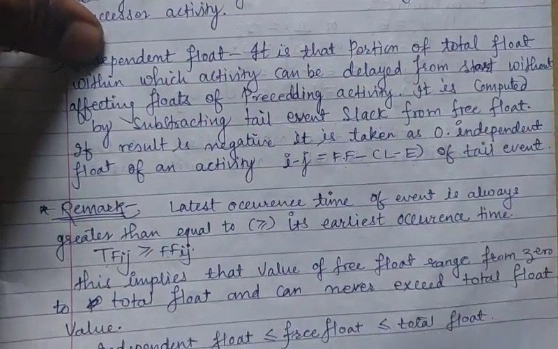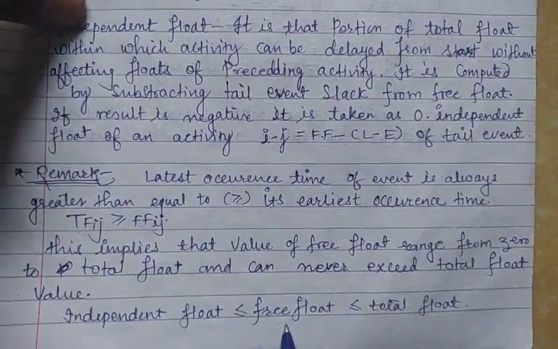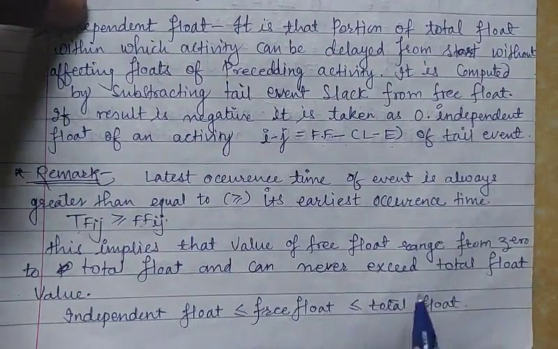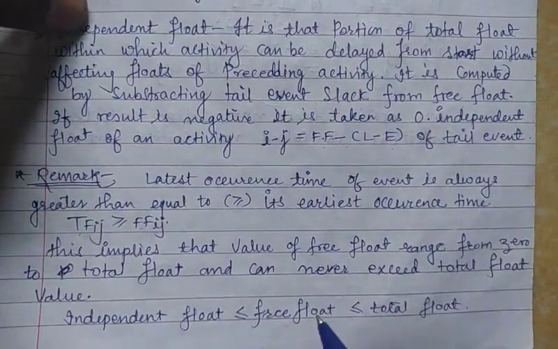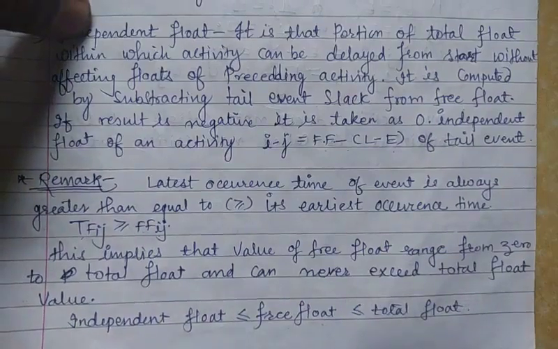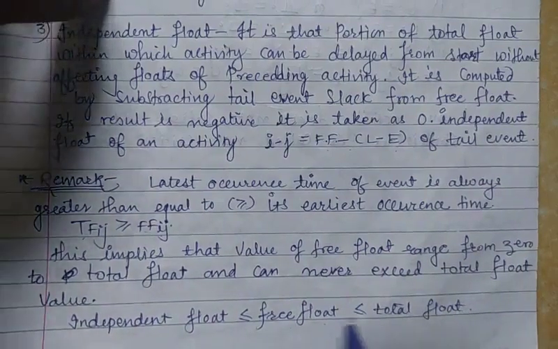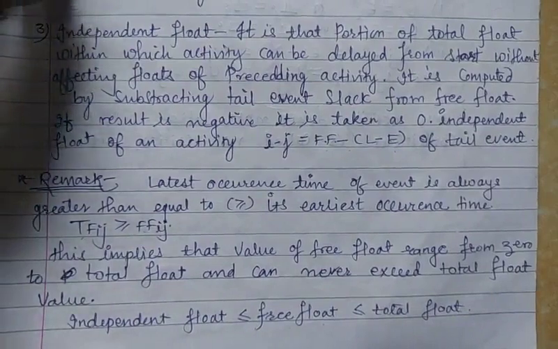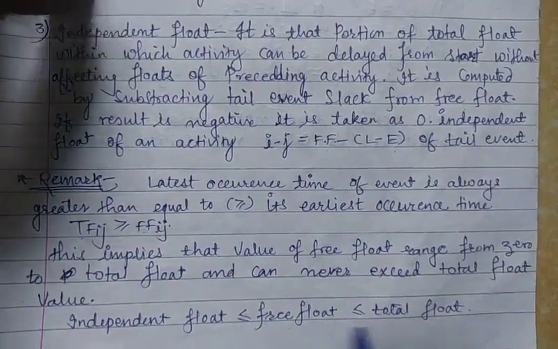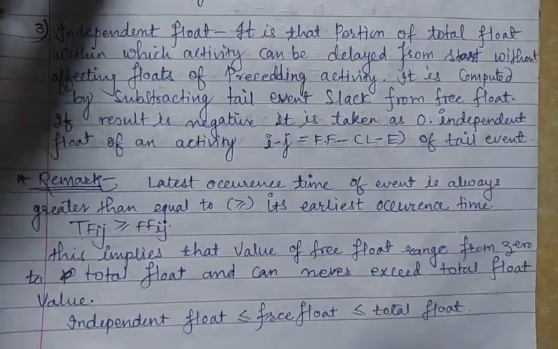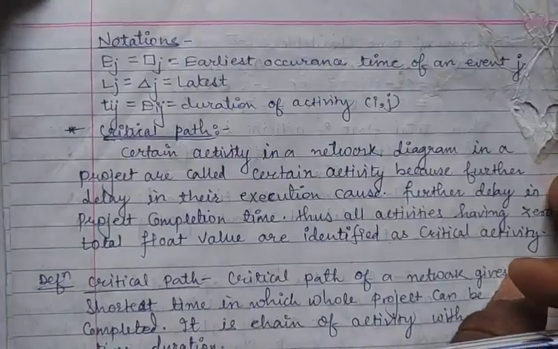That is, independent float is less than or equal to free float, which is less than or equal to total float. This is the relationship between independent float, free float and total float. So total float is always greater than or equal to the remaining two floats, and free float lies between independent float and total float.